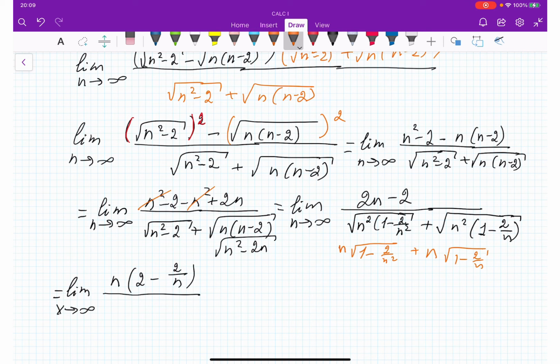Now this n is a common factor I'm taking out. So I take out this n, and I have square root of 1 minus 2 over n squared, plus 1 minus 2 over n.